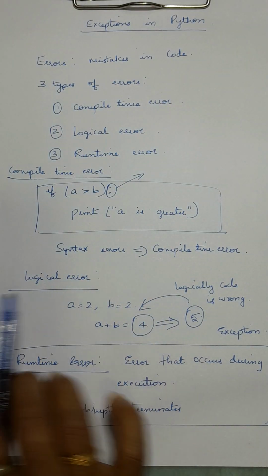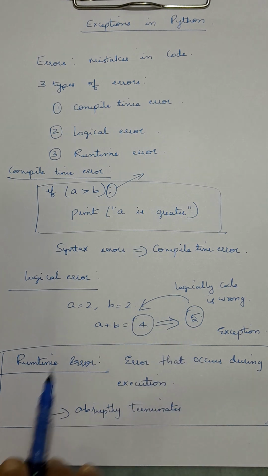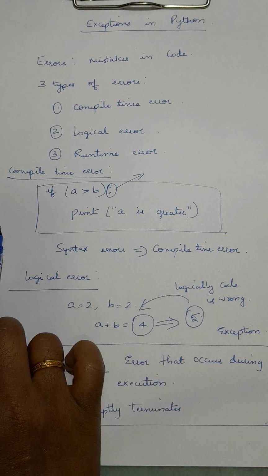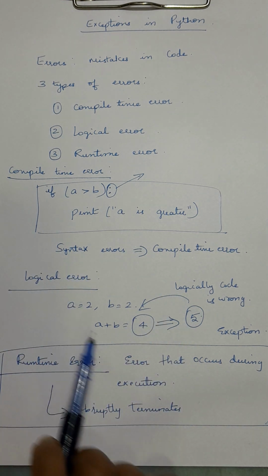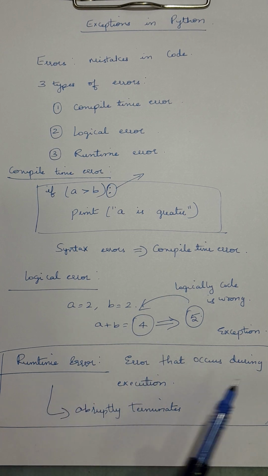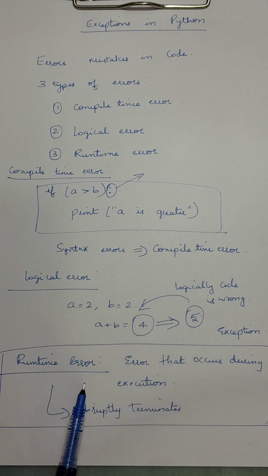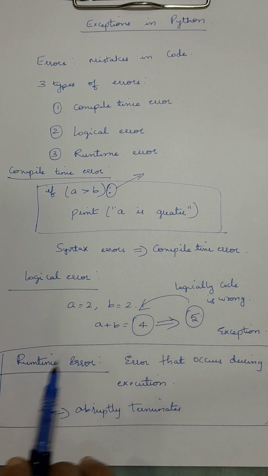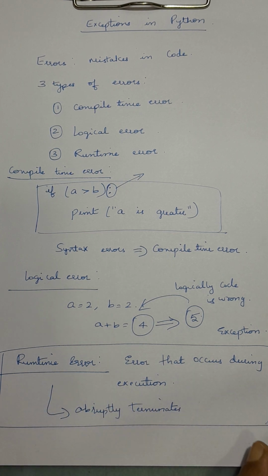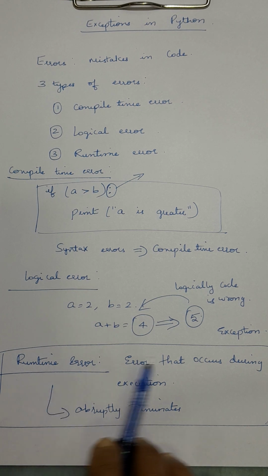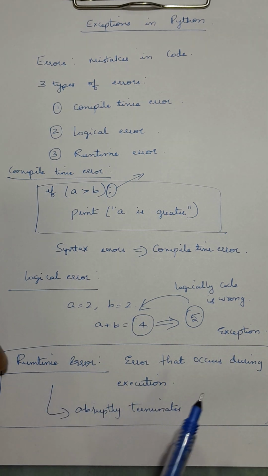Logical error, the same way, we won't be getting the expected answer. But runtime error, there won't be compile time error, there won't be logical error, but when the program is running, in between, when an error occurs, the program stops the execution abruptly and terminates. Such type of error is called a runtime error. So in order to handle runtime error, we have to learn the concept of exception.